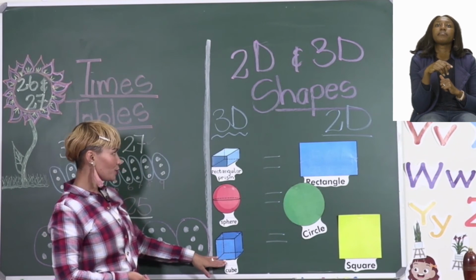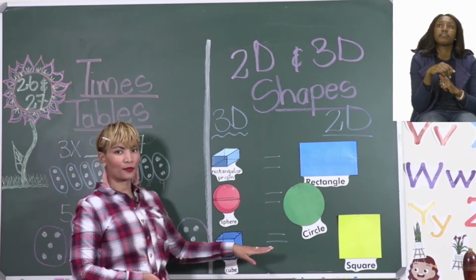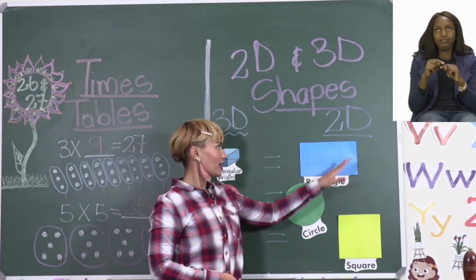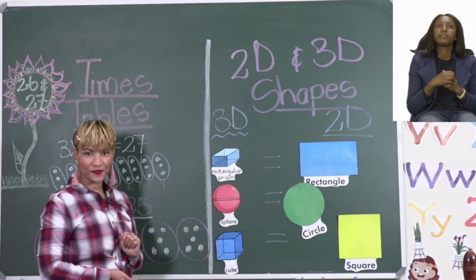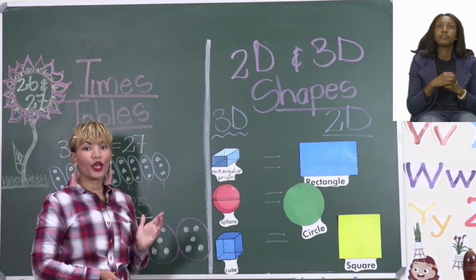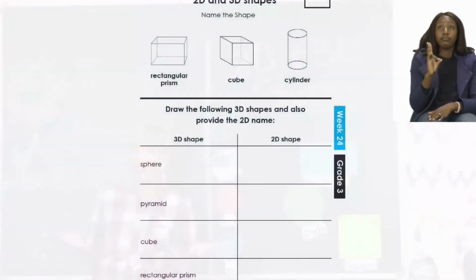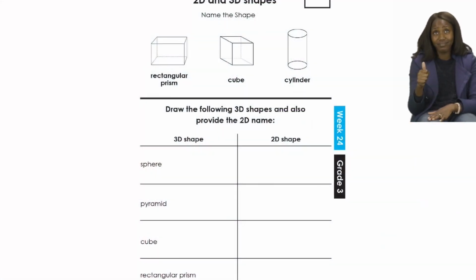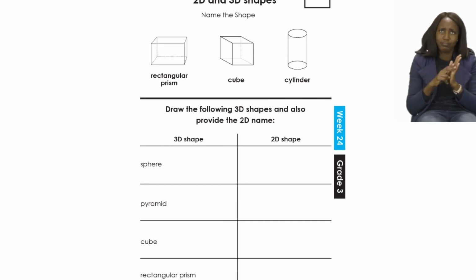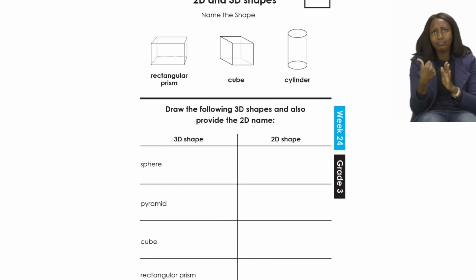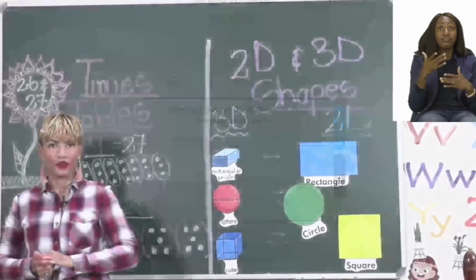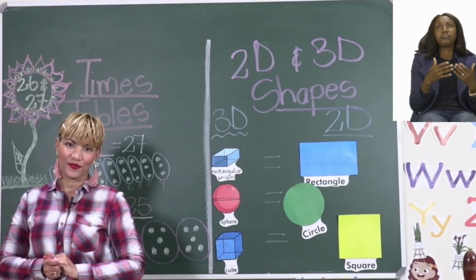And a cube in 3D becomes a square in 2D. Okay, so you can now go back to page 27 and look at all the other shapes and read what they are, and then you can draw in the 3D version as well as the 2D version of this shape.